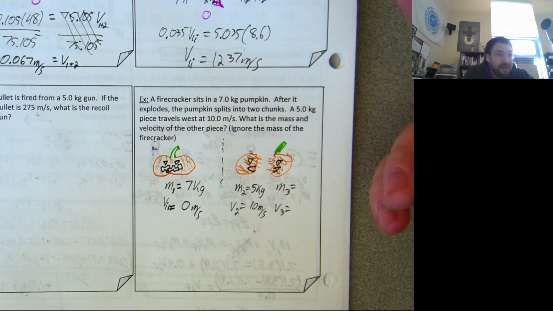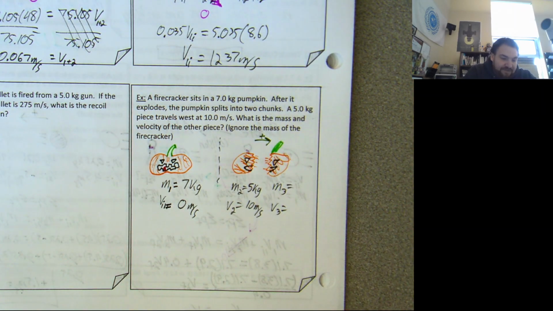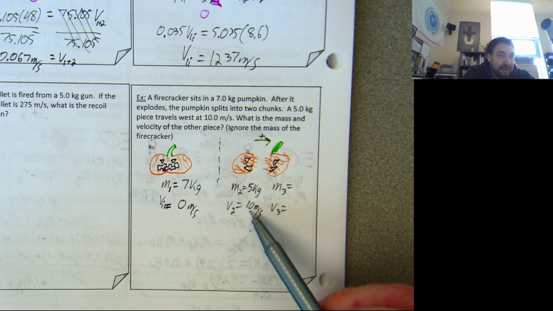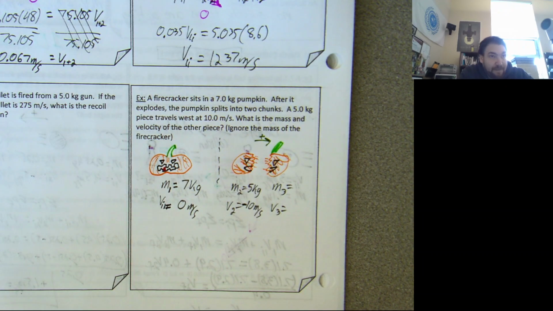Which direction do you want to be positive? East? If that's positive, then we have to take this velocity and make it negative. Keeping track of minus signs is the most common mistake students make on this stuff. If you're aware of that, keep track of your minus signs, you'll be fine.